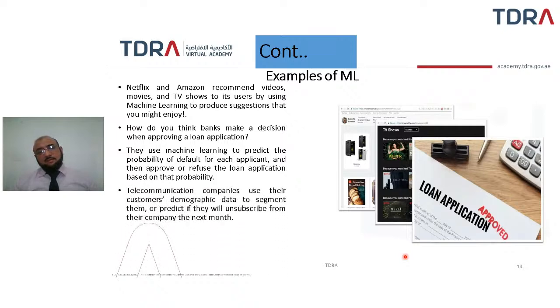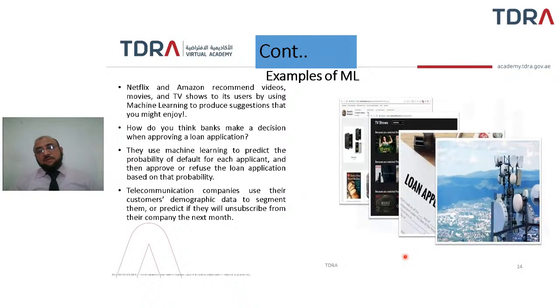Machine learning is also used in telecommunication companies, using customers' demographic data to segment them and predict whether the customer will be retained or will leave the service provider next month or after some period.